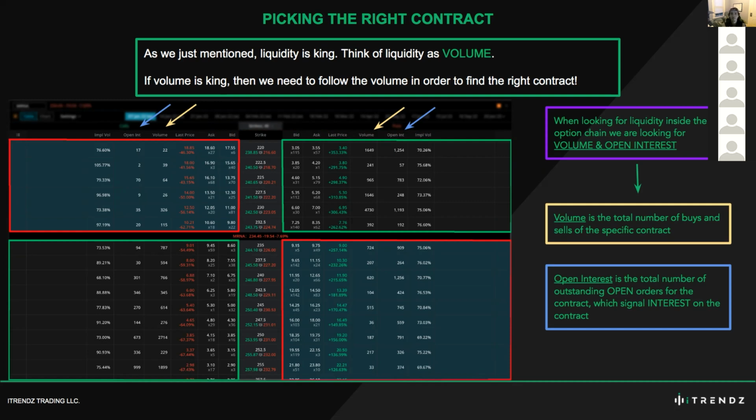Right off the bat, before we go deeper, I do want to say one thing. With options trading, you do not want to be so far out of the money. If the stock is at 200 and you're trying to trade a $250 strike contract, you're $50 out of the money. The chances of the stock moving even remotely close to that price point are really, really unlikely.